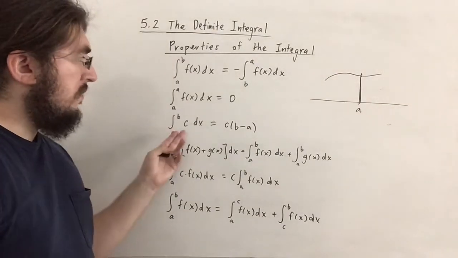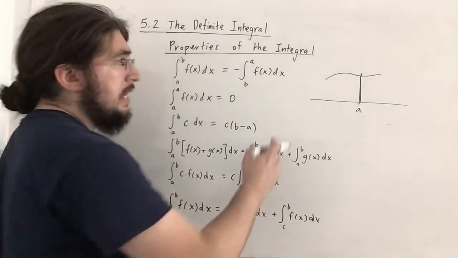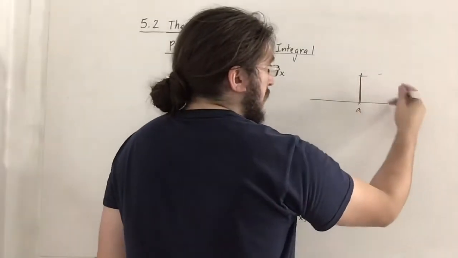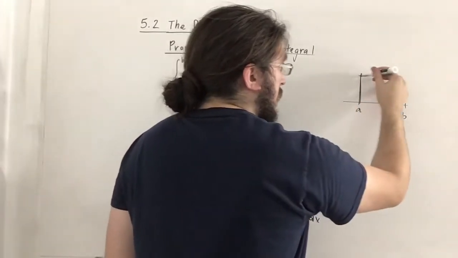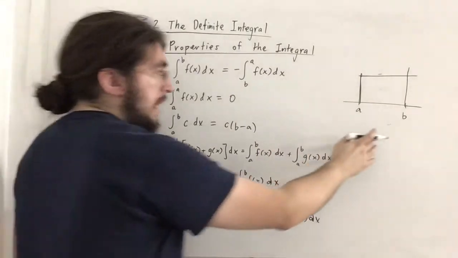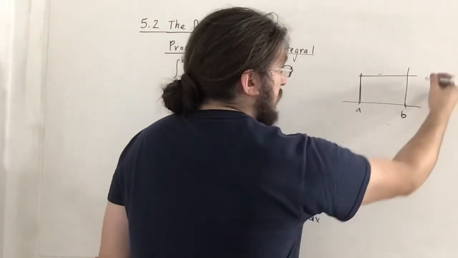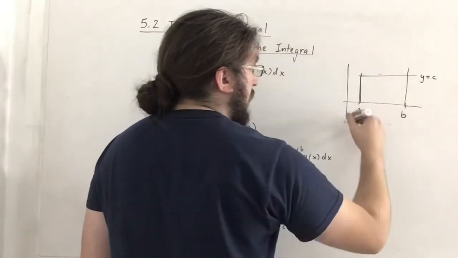Well, here the function is a very particular function. It's the function f of x equals c. So in this case, the image we actually get is the area under the graph from x equals a to x equals b of f of x equals c. So really we're looking at the curve y equals c.